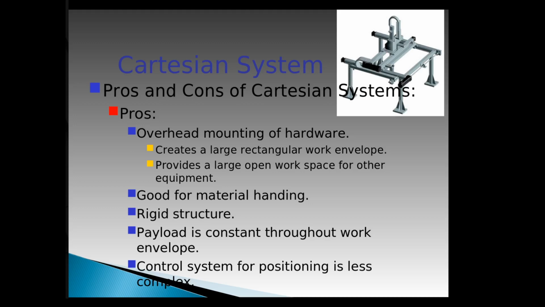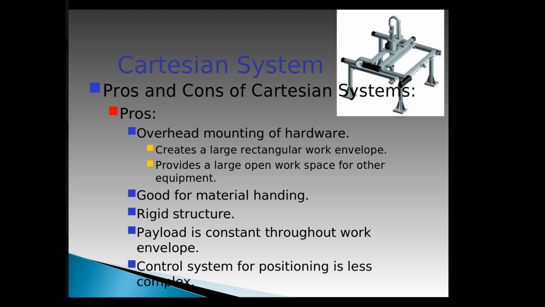It's very good for material handling, and they have a very rigid structure, and the payload is constant throughout the work envelope. Remember, we talked about payload last week, and payload is how much it can lift. Especially for a gantry type robot, since you've got supports on all 4 corners, you have a very solid and consistent payload throughout it.